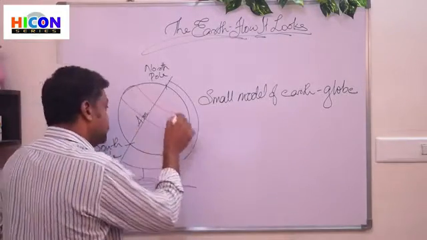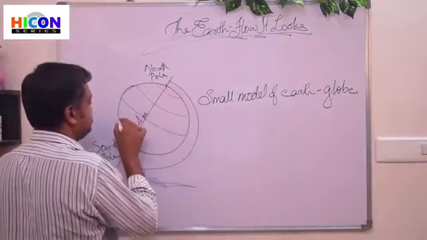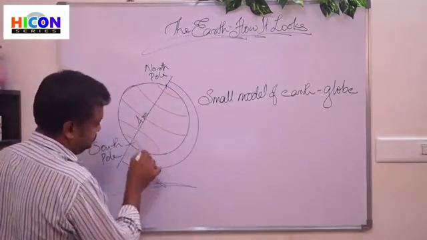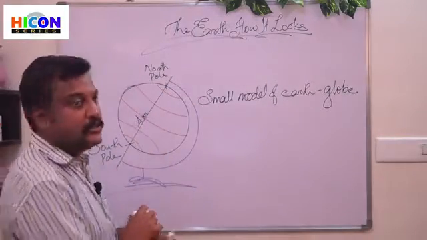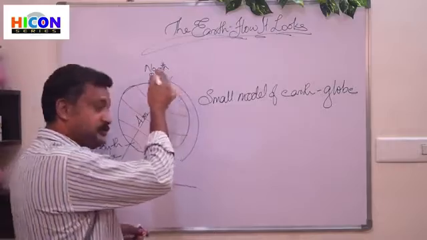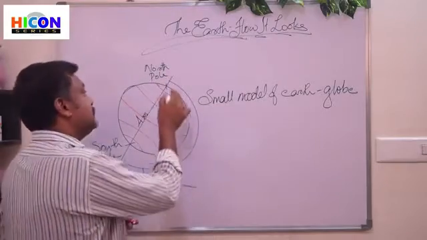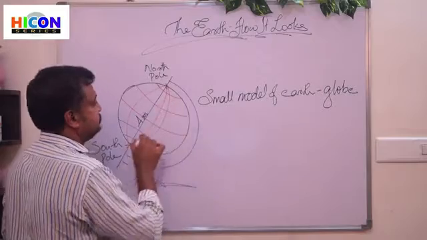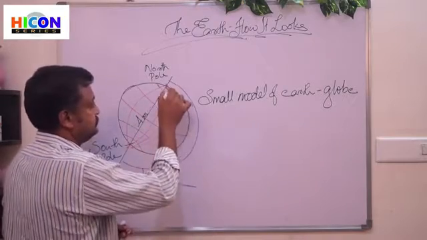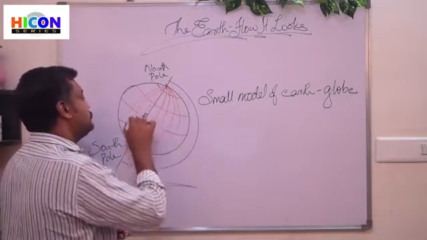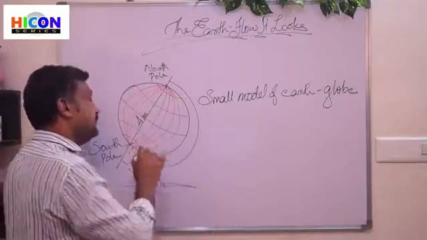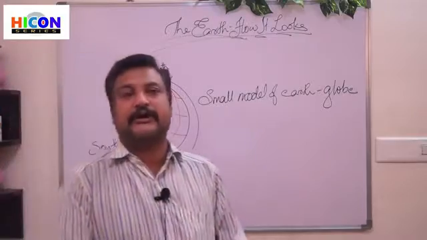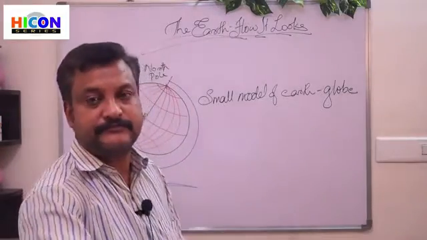The other latitudes also are there. So it has all the latitudes marked on that, it has all the longitudes marked on that, and it also has all the features that we can find on the earth.